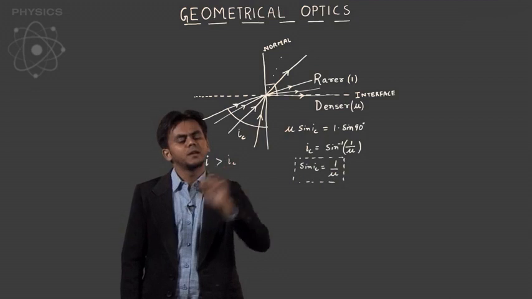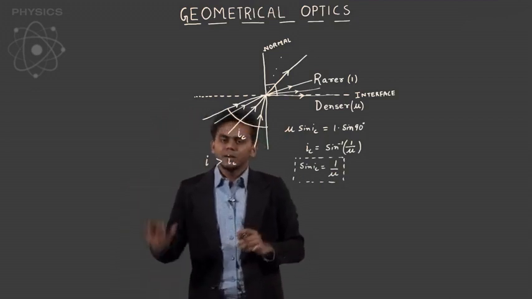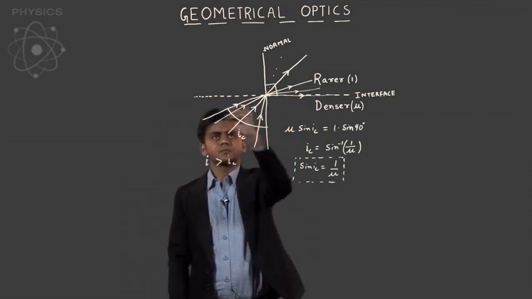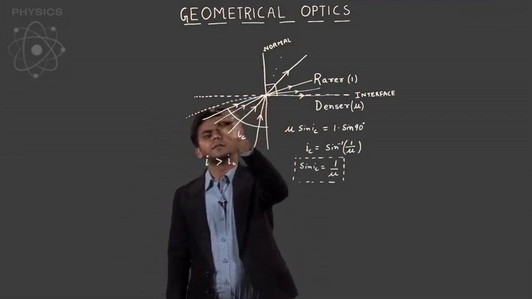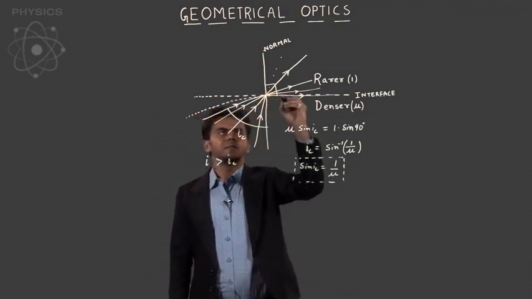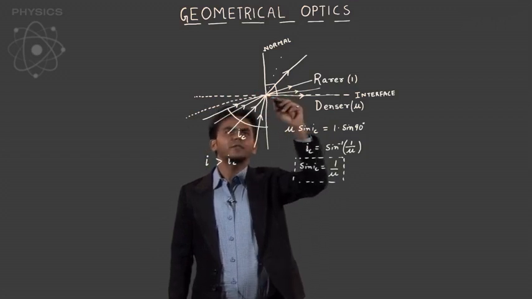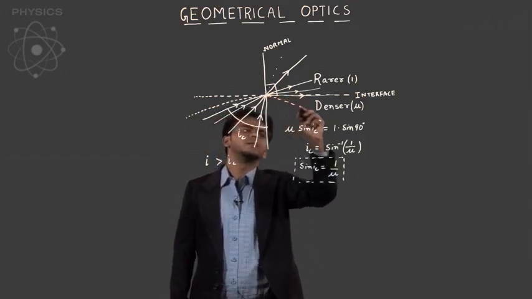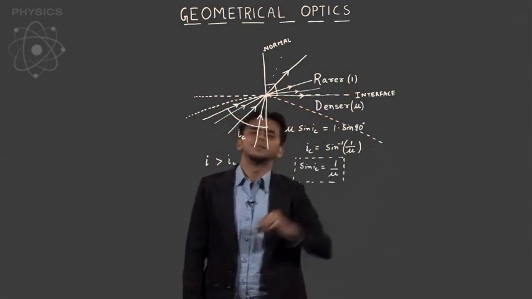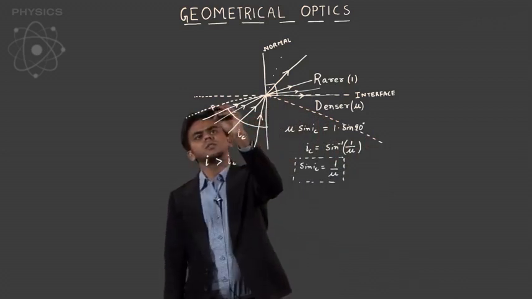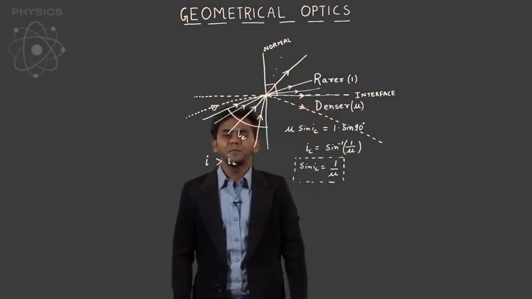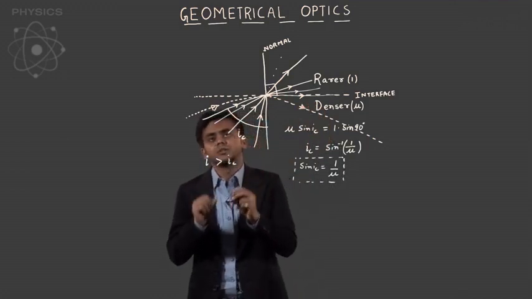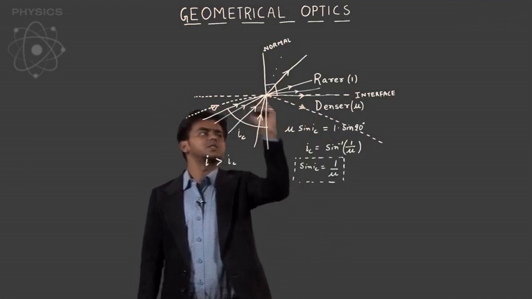Now, beyond IC, if I increase my I beyond IC, what will happen is there would be no refraction, which means, let's say this is your ray beyond IC. So it won't get refracted, it would be simply reflected along this path. So this is the particular ray which is suffering no refraction.